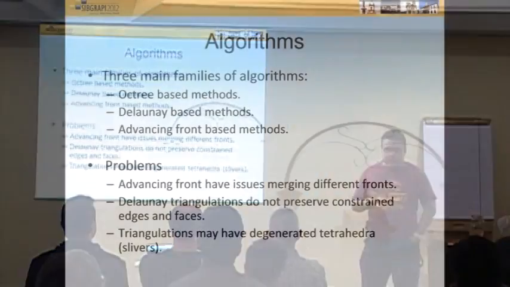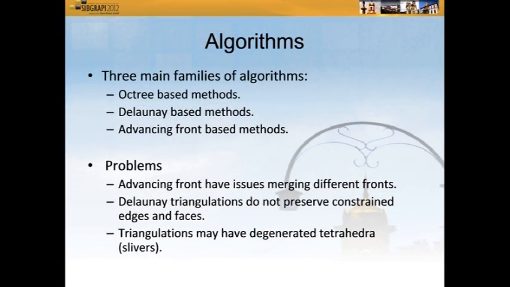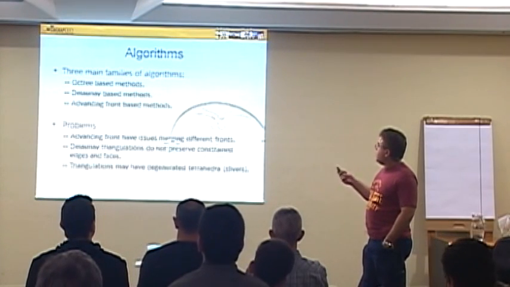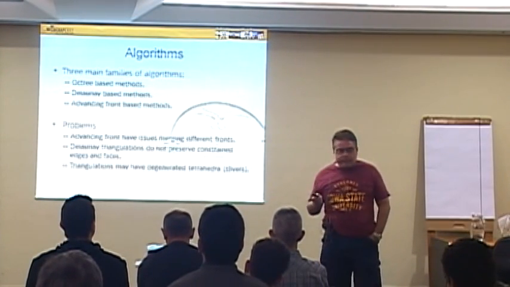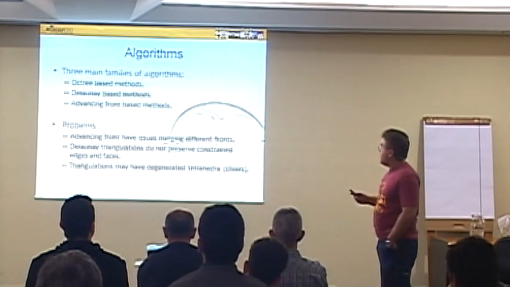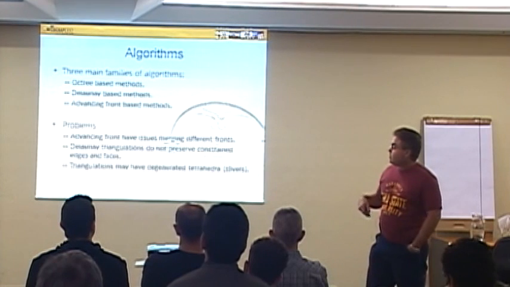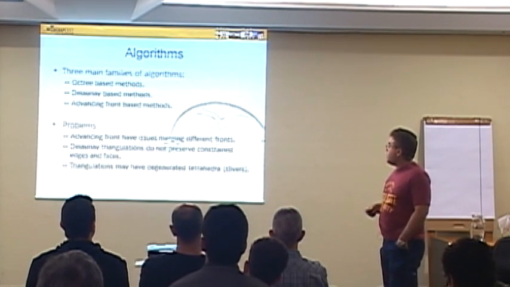Well, we know that we have three main families of algorithms for performing triangulations. Basically, we have octree-based methods, Delaunay-based methods, and advancing front-based methods. Each method has advantages and disadvantages.